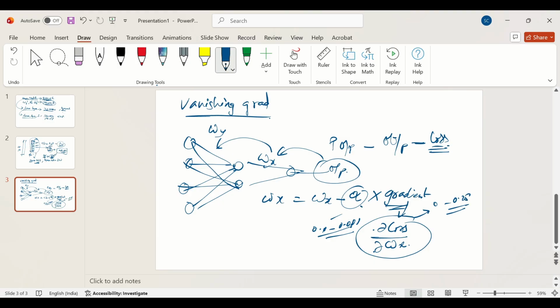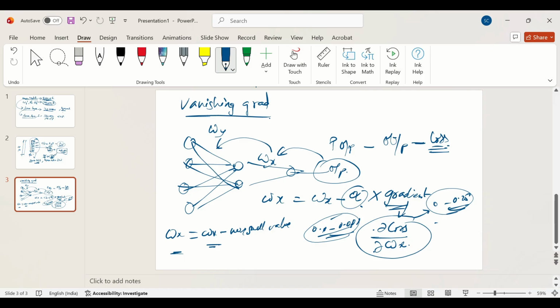When you multiply the small value, this very small value learning rate, and this gradient is also a very small value, when you multiply these small values, you get an even smaller value. So your Wx is equal to Wx minus a very small value. So what happens? Wx is practically not changing. You did not change your Wx a lot.